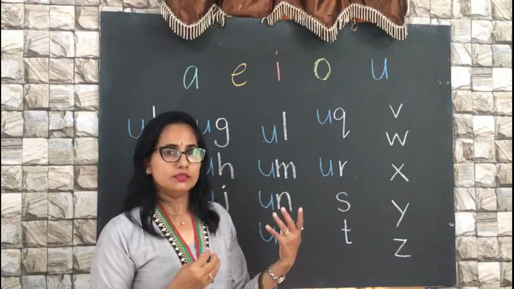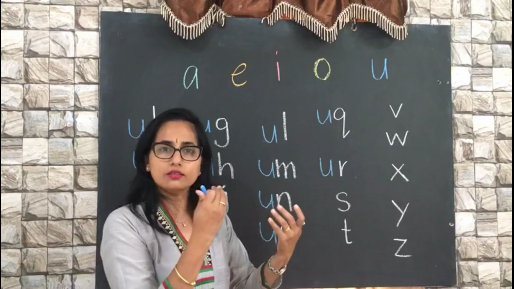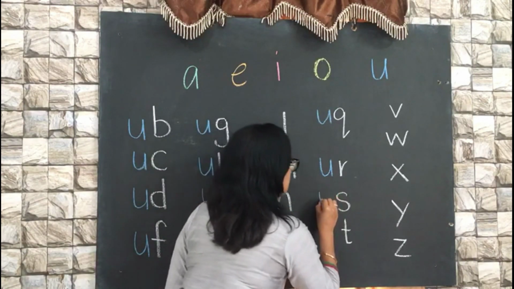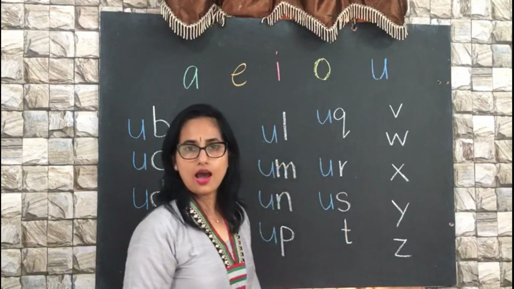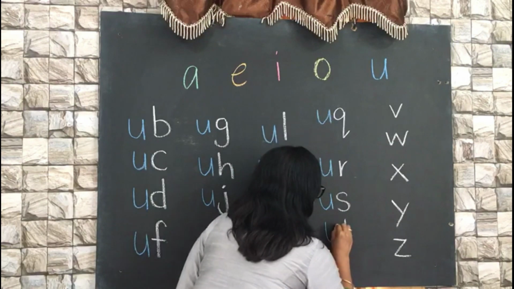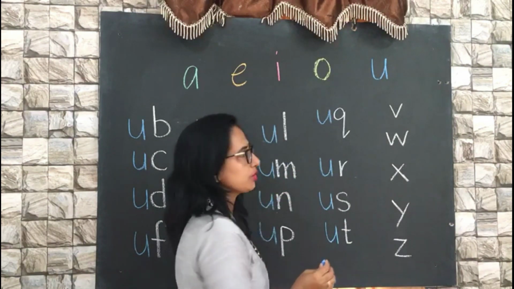Here the sound of R is very, very silent, like uh, r, ur. Uh, s, us. Uh, t, ut.